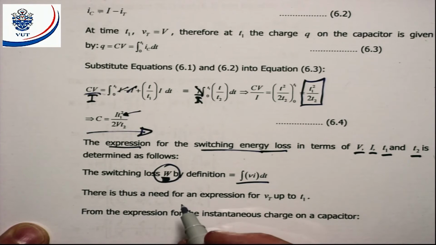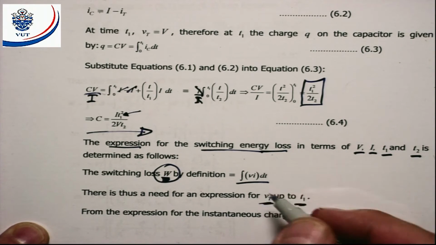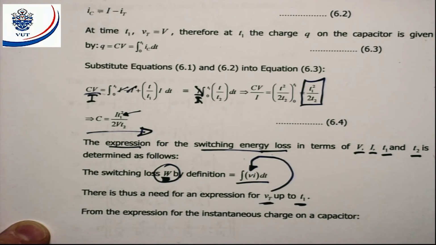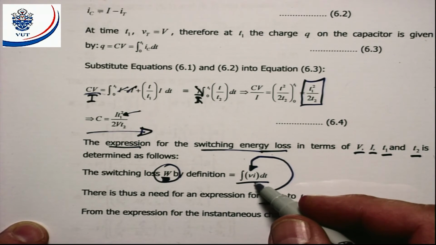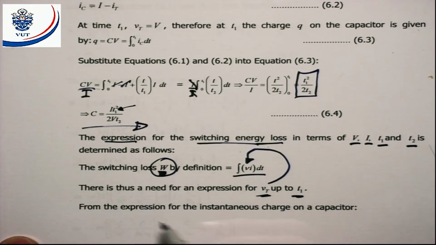So we now need an expression for Vt up to T1 because we want to use this equation. We've already got an expression for I, that is the transistor current. So how do we start?